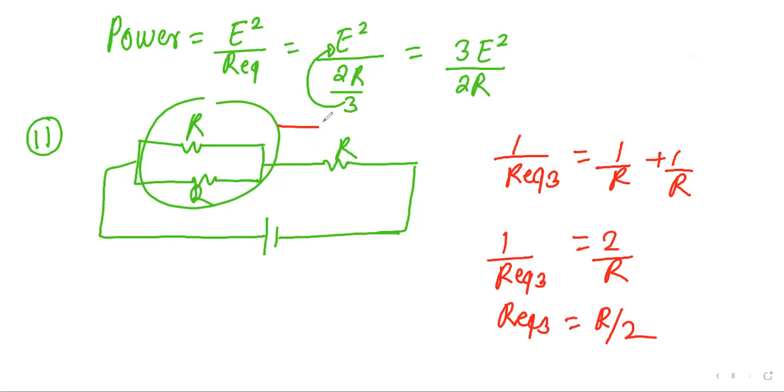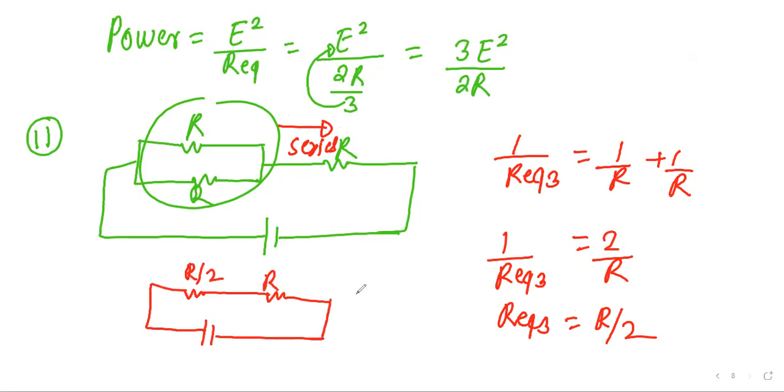And the equivalent of this is connected with this in series, so it is reduced to R by 2 plus R, right? So R total equivalent in series will be R upon 2 plus R. So the answer is coming out to be 3R upon 2, right? We are taking the LCM here.